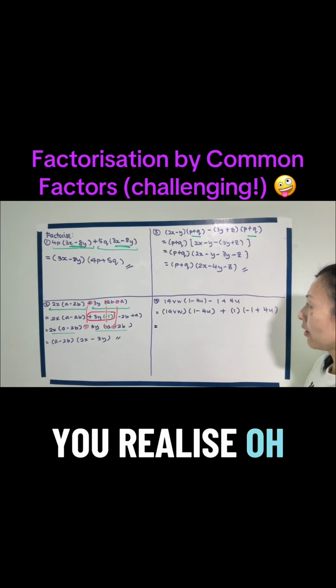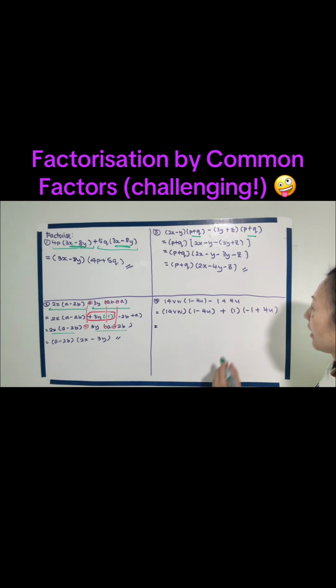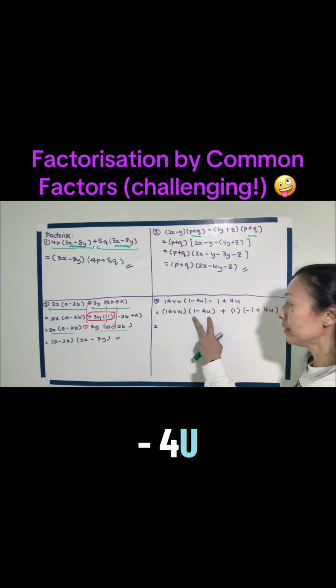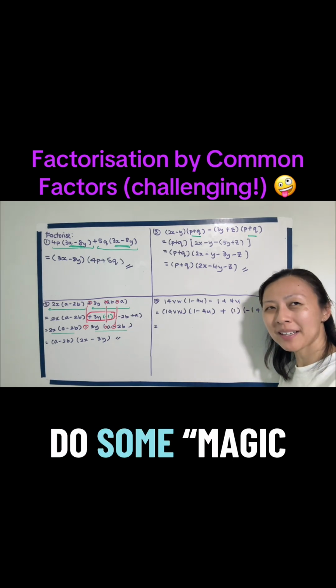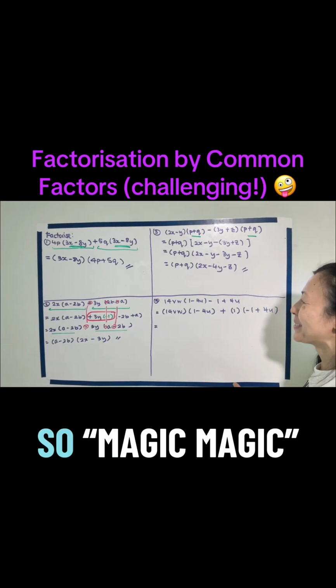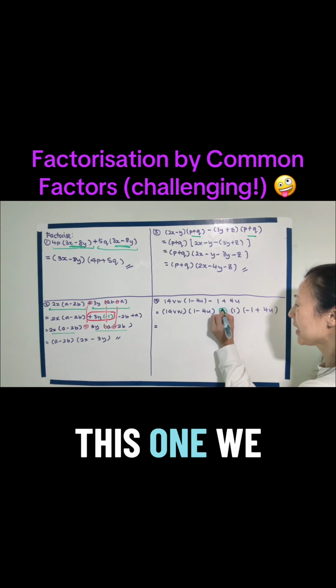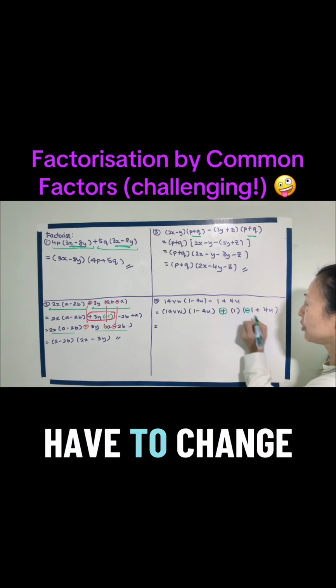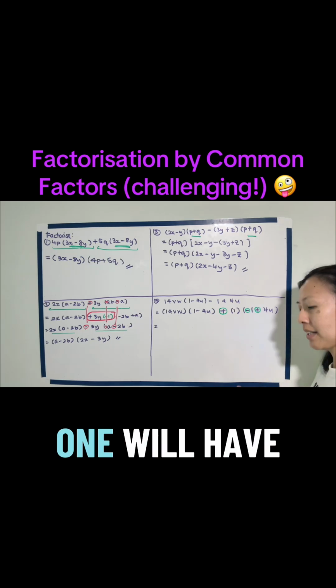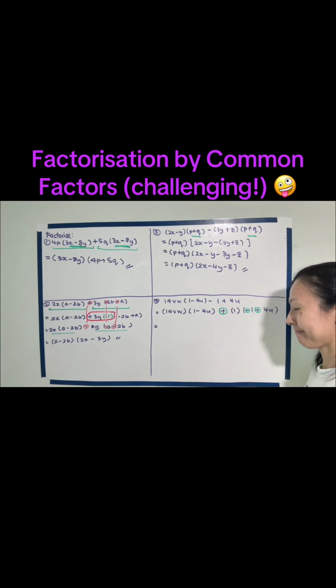So you realize, oh, I have 1 minus 4u, I have negative 1 plus 4u. We can do some magic. So, magic. This one will have to change sign. This one will have to change sign. And this one will have to change sign.